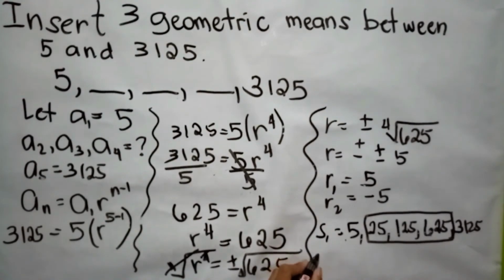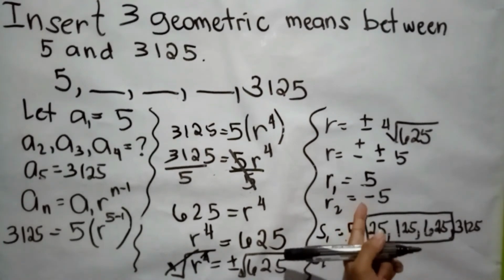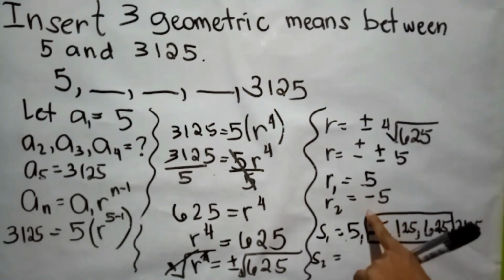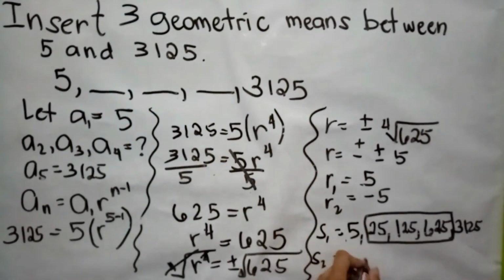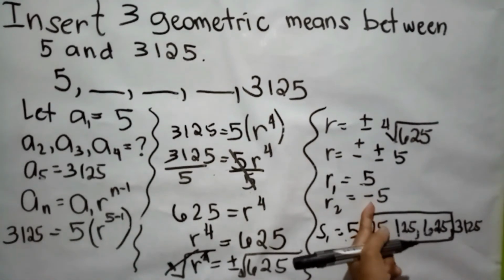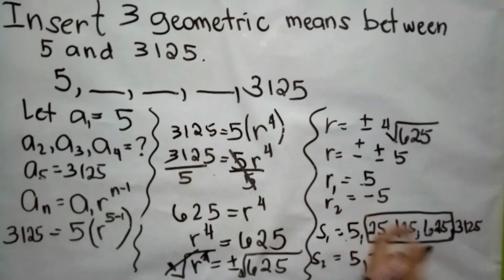So let's get the second sequence. We have r equal to negative 5. When r is equal to negative 5, let's write the first term, 5. Then negative 5 times 5, we have negative 25. Then negative 25 times negative 5, negative times negative is positive, so we have positive 125.